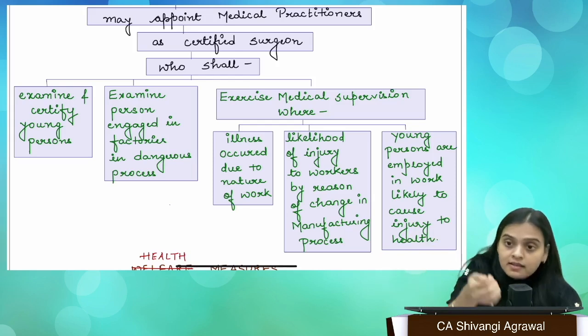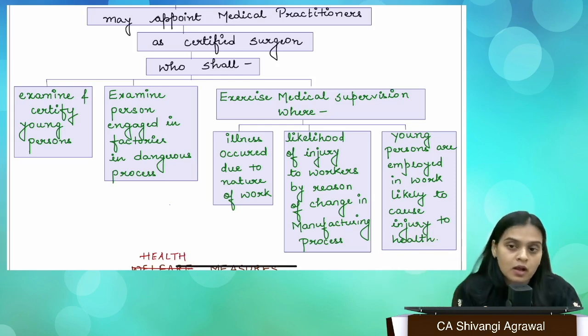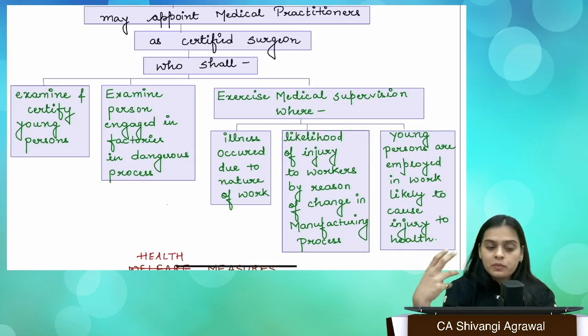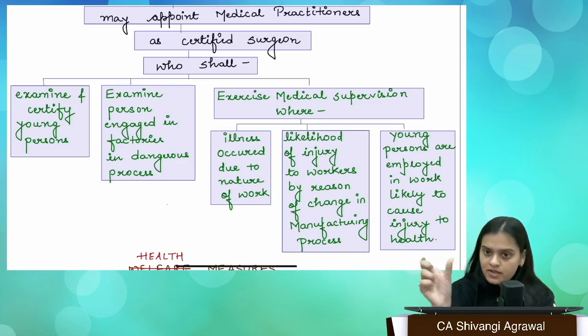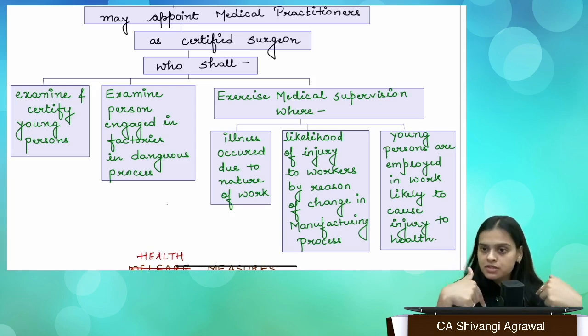A child under the age of 14 years is not allowed to work in the factory. Now, when we talk about an adolescent, that means somebody who has completed the age of 15 but has not completed the age of 18. So he's an adolescent. Can he work in the factory? The answer is yes, he can work in the factory, provided he obtains a certificate from certifying surgeons.